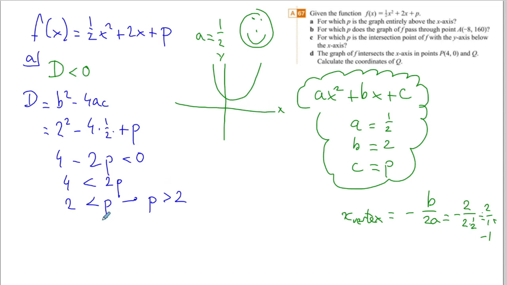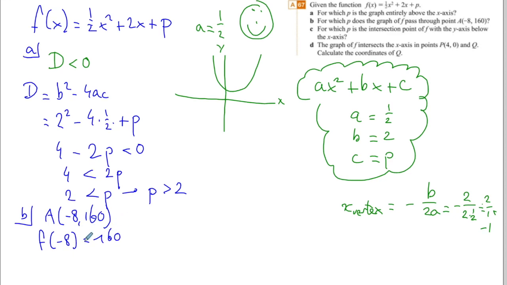So when p is bigger than 2, then my parabola is not touching or intersecting, but it's above my x-axis. Question B. For which p does the graph of f pass through point A (minus 8, 160)? That means that f(minus 8) equals 160. And I can just substitute the x by minus 8. So a half times minus 8 squared plus 2 times minus 8 plus p equals 160.